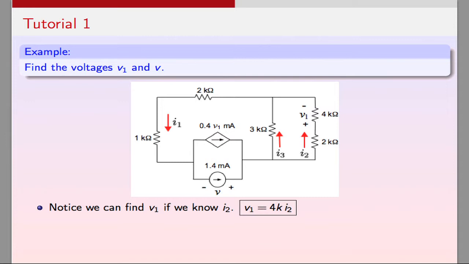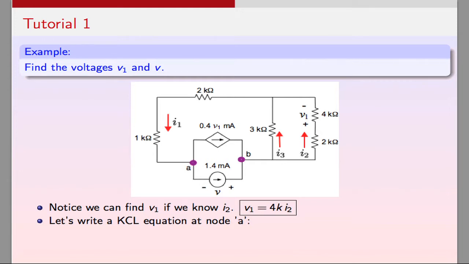Now, V1 can be found if I2 is known. From Ohm's law, we know that V1 is equal to 4K times I2, and K here is 10 to the 3. Let's add labels A and B for these two nodes, and let's write the KCL equation for node A. Now notice that I1 is entering node A while the two current sources are leaving.